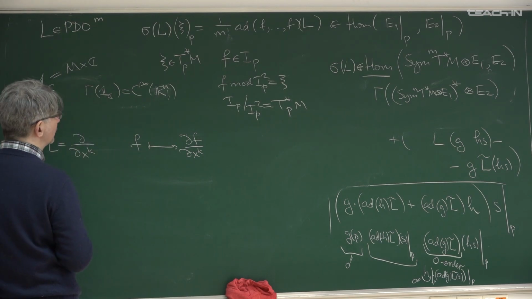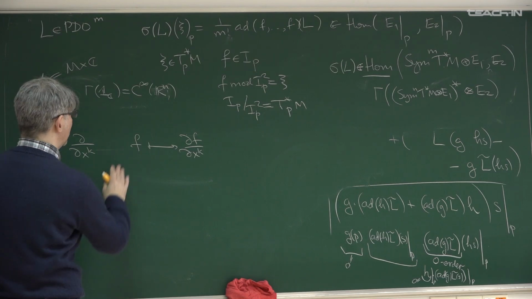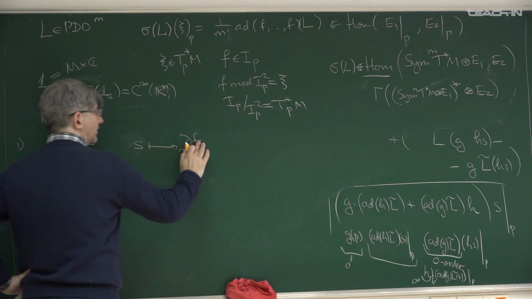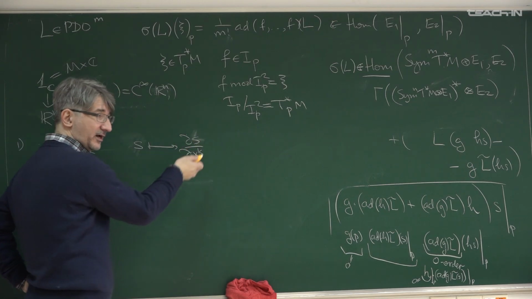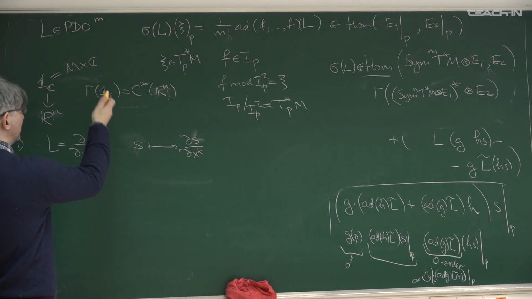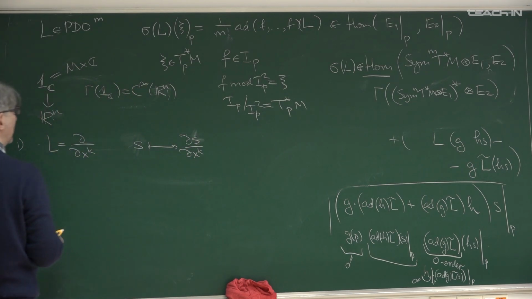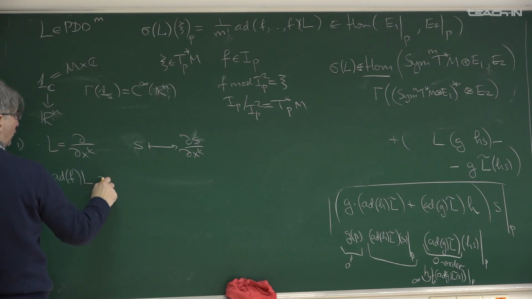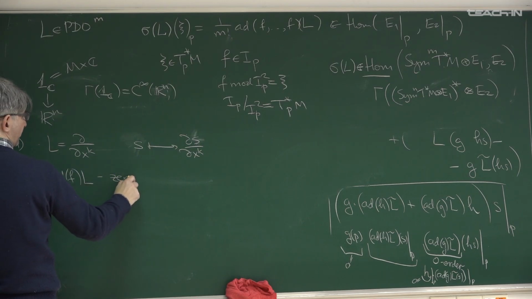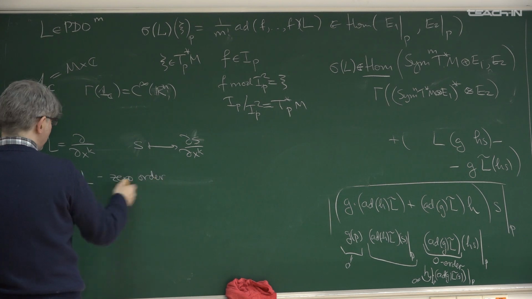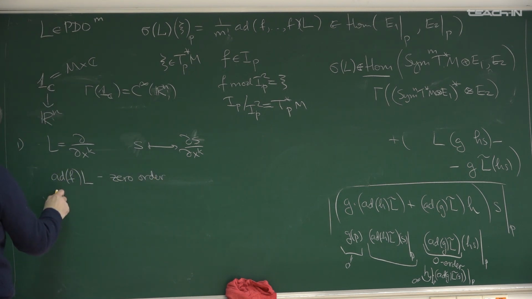Well, it's not good to write here function f, yes? It's good to write here s, the sign for section. So s is a section or smooth function. So what we need to check is that the adjoint of f is of zero order, yes? Let's check it. So what is happening here?